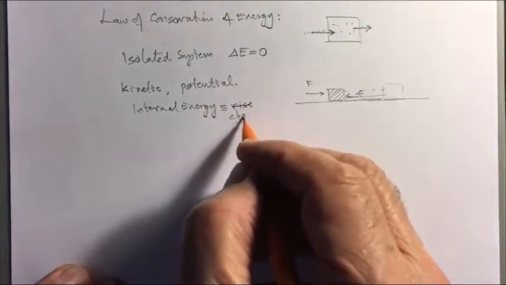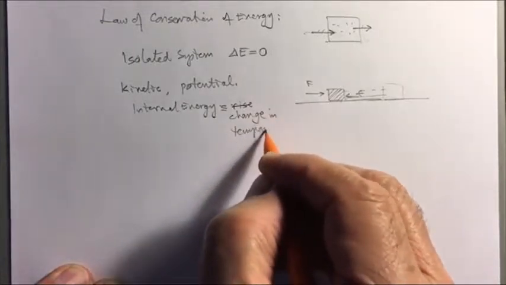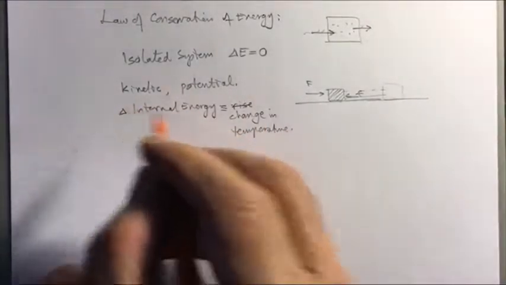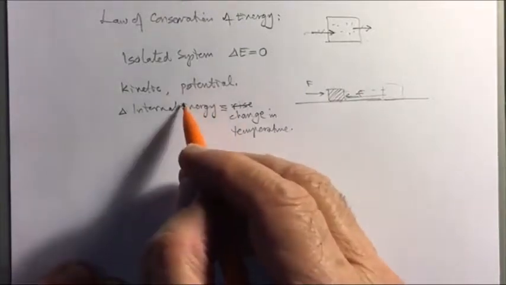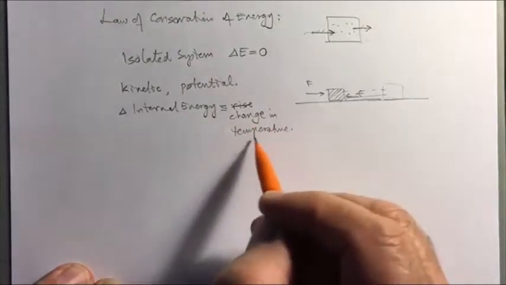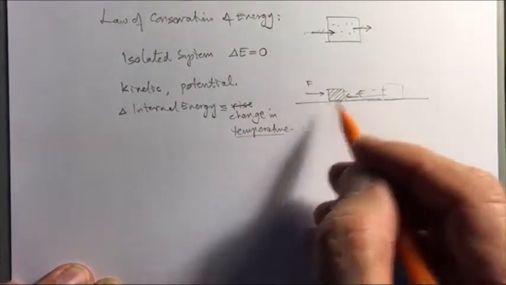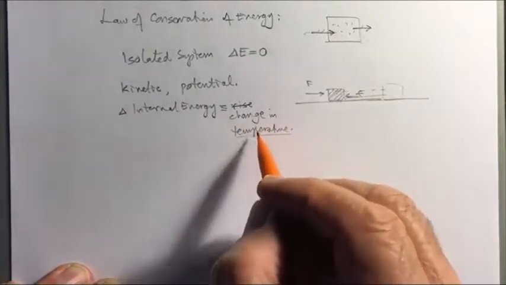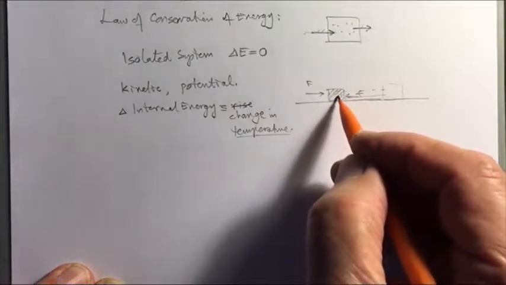And by internal energy, we essentially mean a change in temperature. A change in internal energy would be a change in temperature. Internal energy is related to the temperature. Temperature is essentially the average kinetic energy of all the molecules inside this material, and so a rise in temperature is really a rise in kinetic energy of the individual molecules.